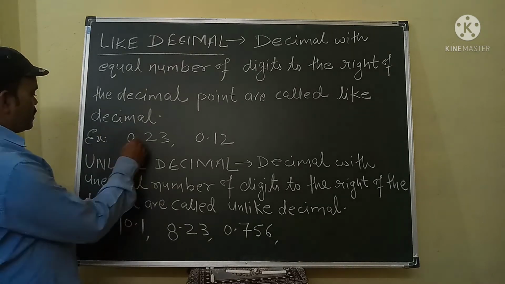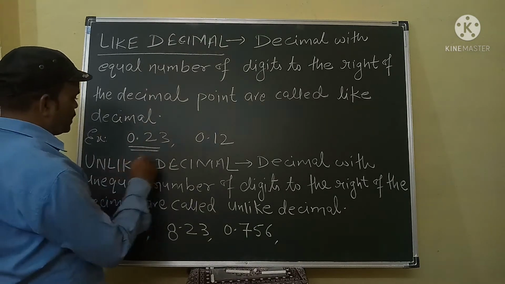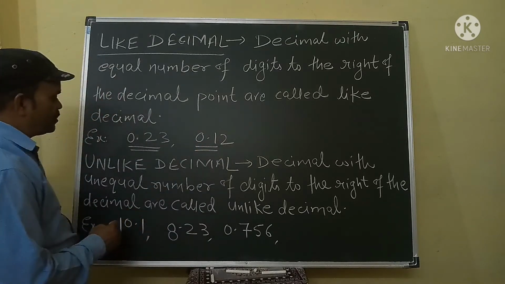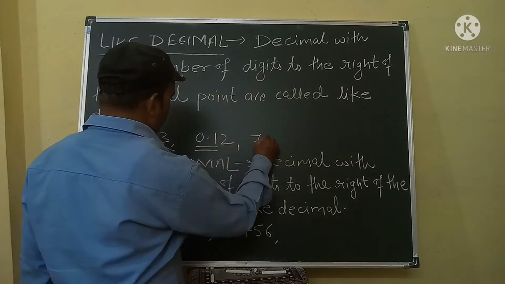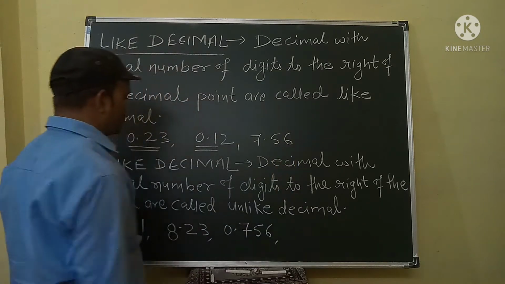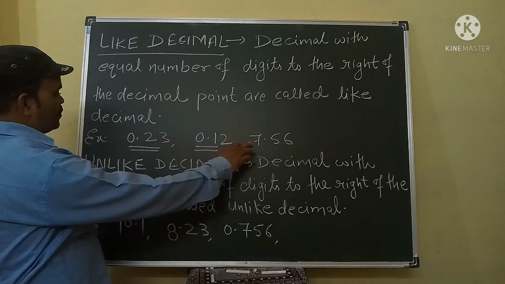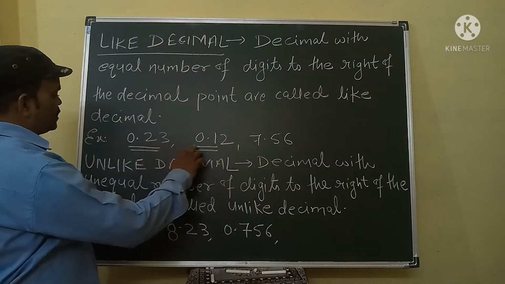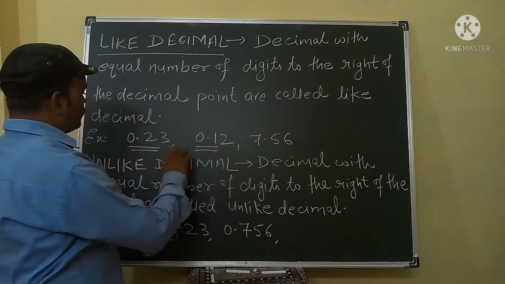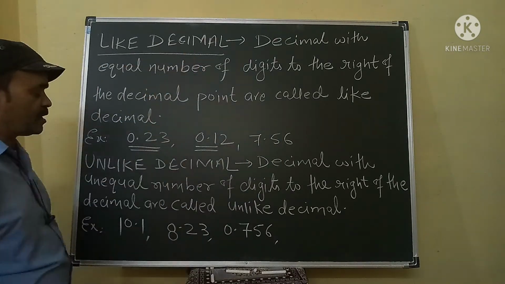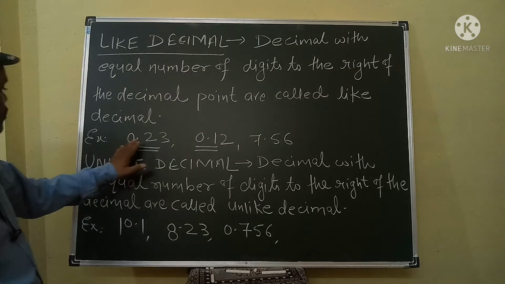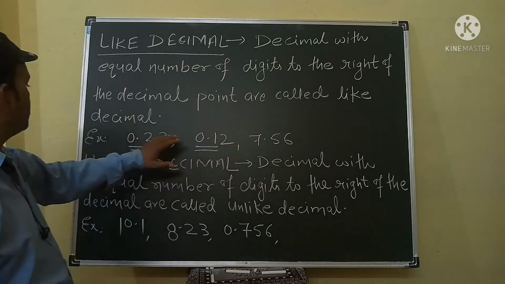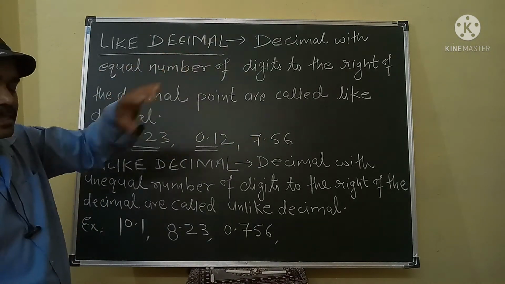For example, 0.23, 0.12, 7.56, all these decimal numbers belong to like decimals.